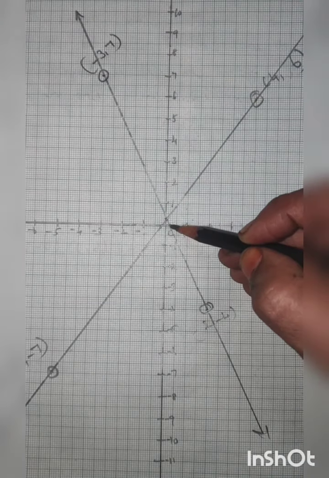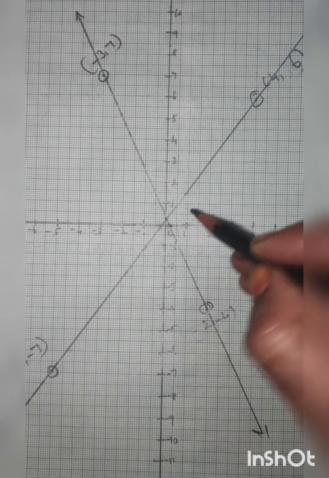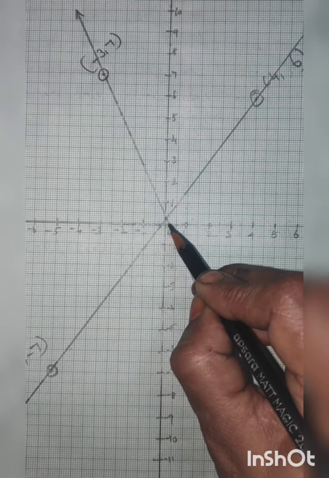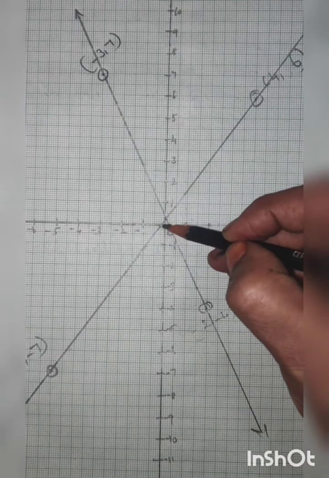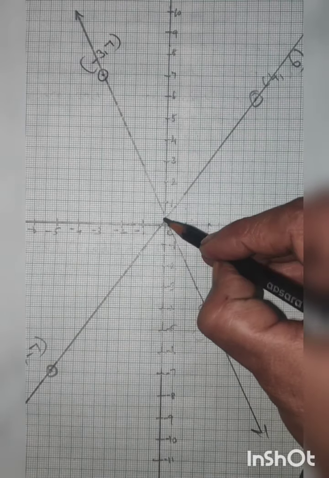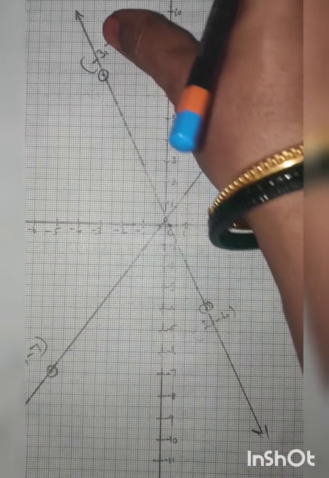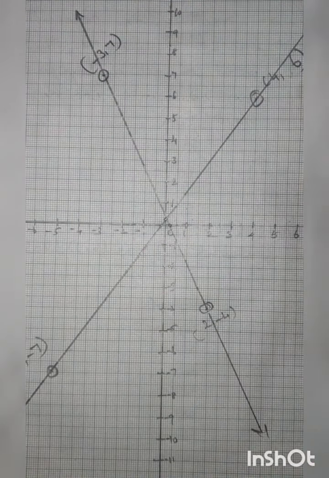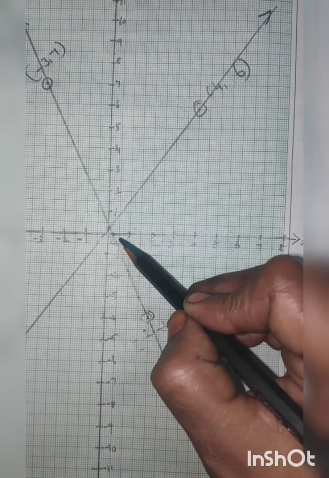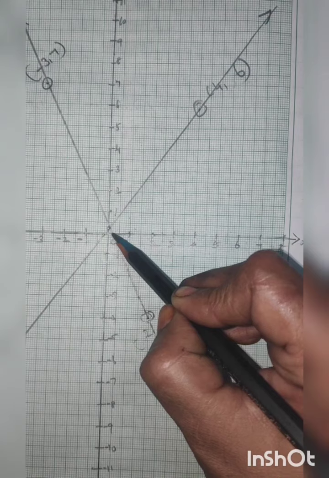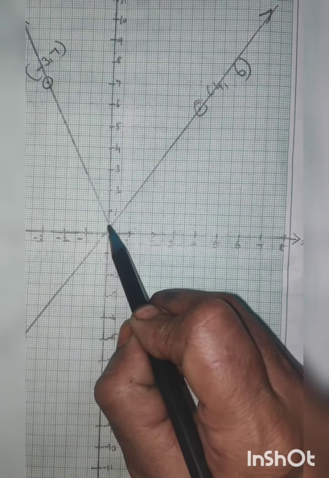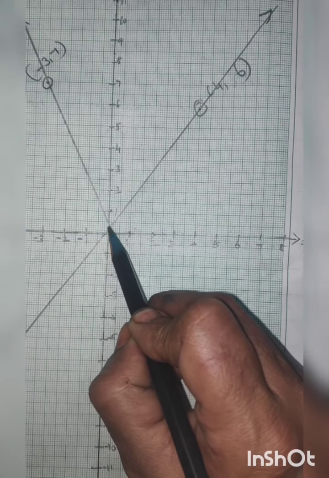This line meets the x axis here. After 0, count the small lines, 0.1, 0.2. On the y axis, also count 0.1, 0.2 and join that line. For the first line only consider that; do not consider the second line. So what is the meeting point on the x axis? 0.2, 0, and on the y axis, 0, 0.2.